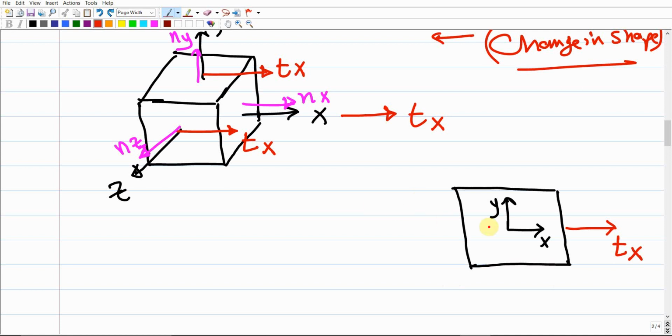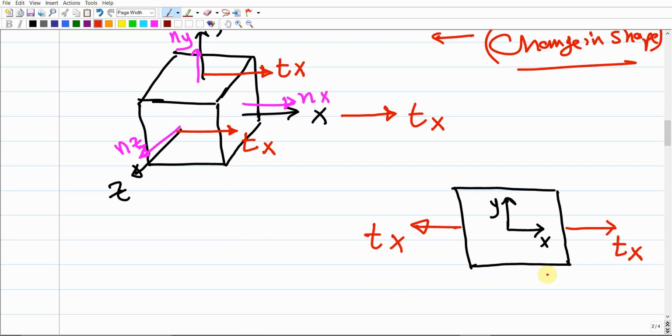To have deformation in this box, it means that it should be pulled from both sides with two opposite forces with the same magnitude Tx. Because if one side has a force bigger than the other, for example if this force is bigger than this one, it's going to move to the right. If this force is bigger, it's going to move to the left. We would like to prevent any kind of movement.